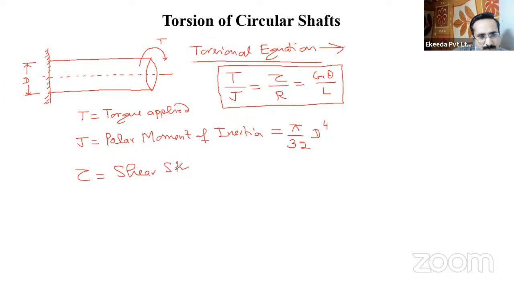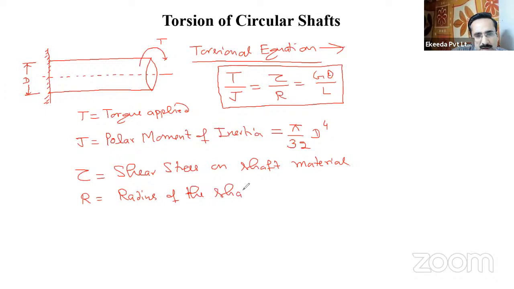on the shaft material at different radius, right? And R is the radius at which we are finding the shear stress. In this case, we are taking the outer radius of the shaft. At the outer radius of the shaft, tau will be tau max, the maximum shear stress.